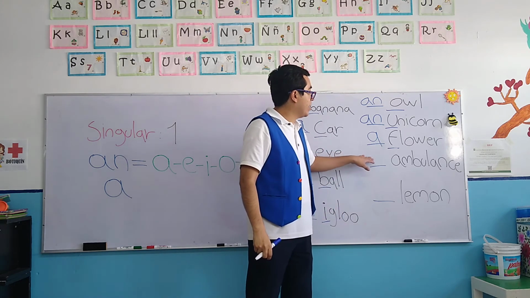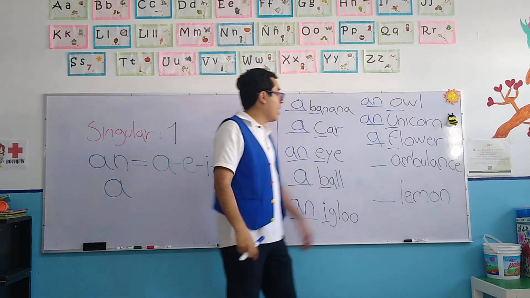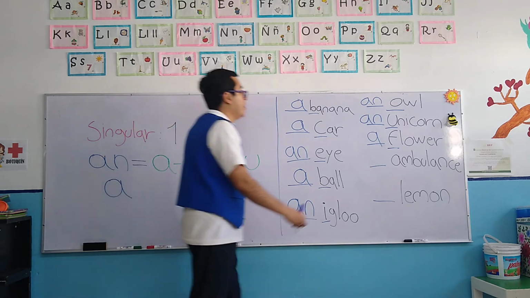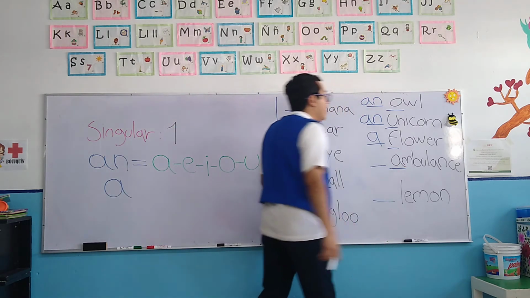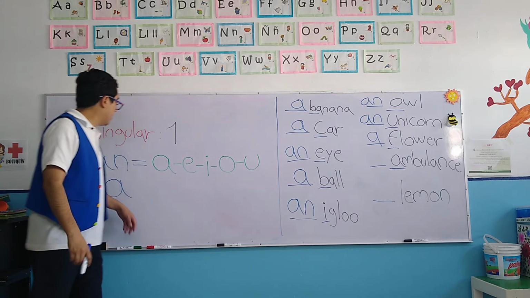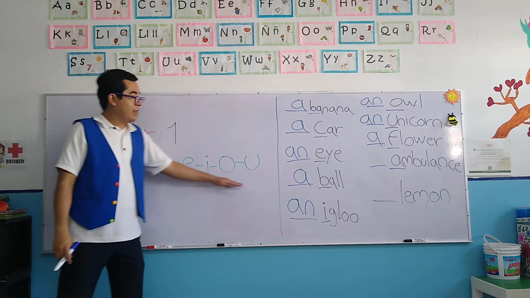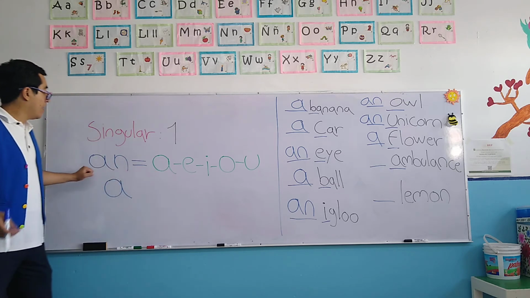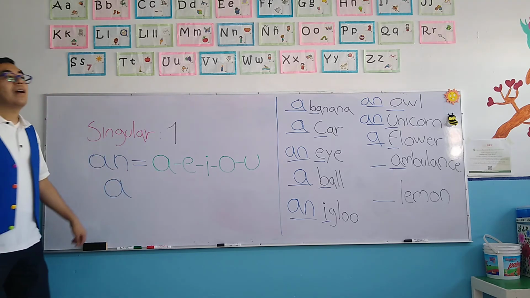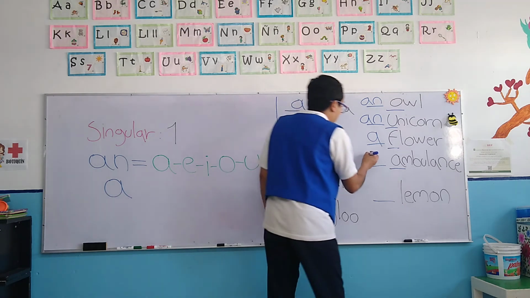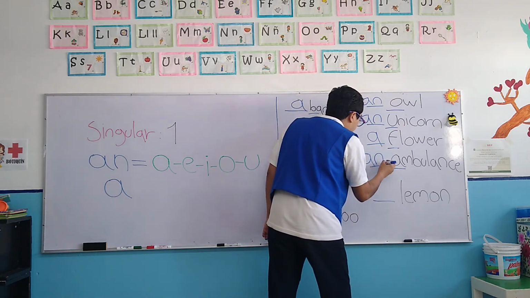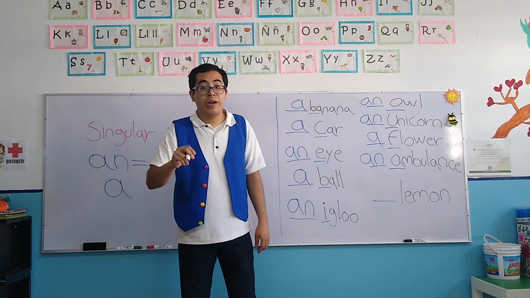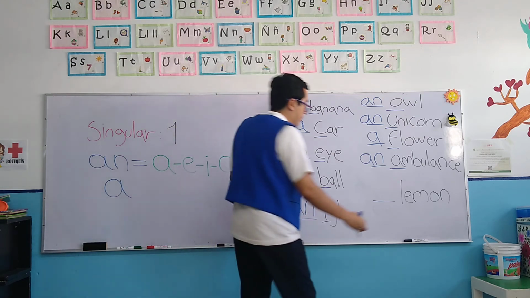Let's continue with the ambulance. Now, ambulance begins with the letter A. Letter A. Is it a vowel? Yes, it's right here. So what do we write? An or a? An. An ambulance. Okay?